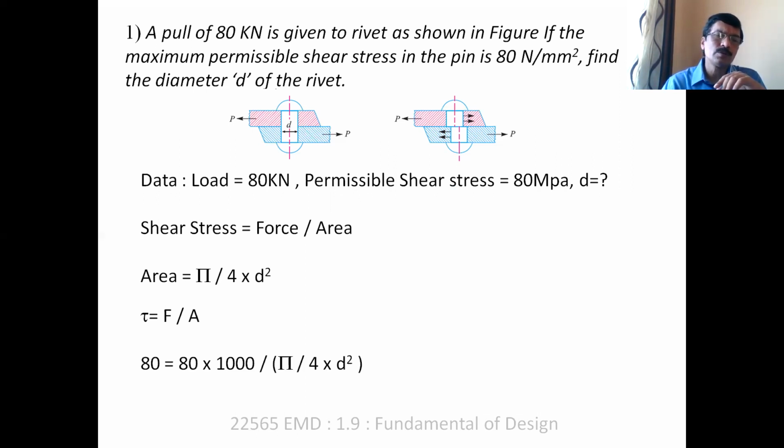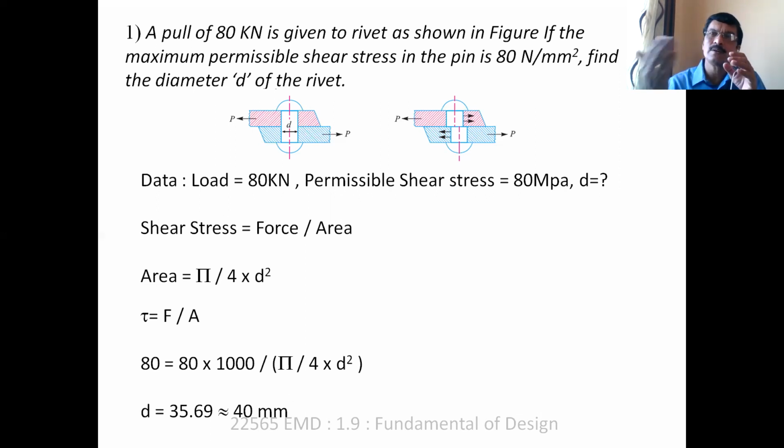Now force is 80 kilonewton, and tau is equal to 80 megapascal. Load is equal to 80 into 1000, because it is given in kilonewton, divided by pi by 4 d square, which is the area. So we can mathematically find the diameter D, and it comes out to be 35.69.